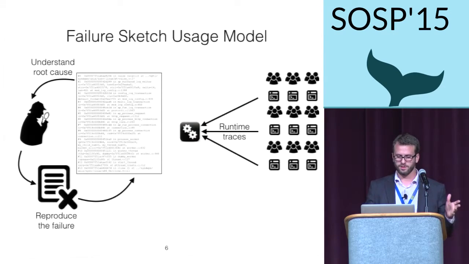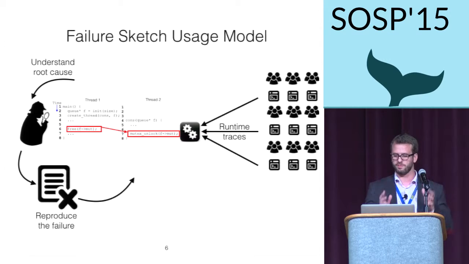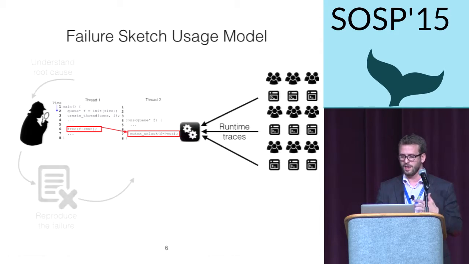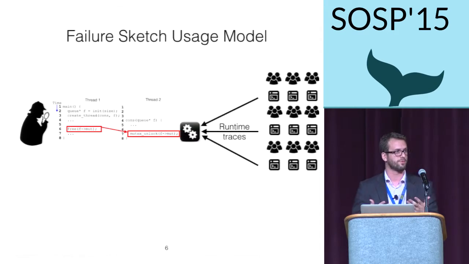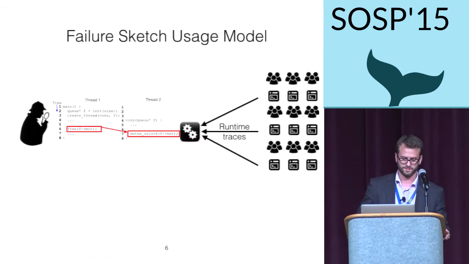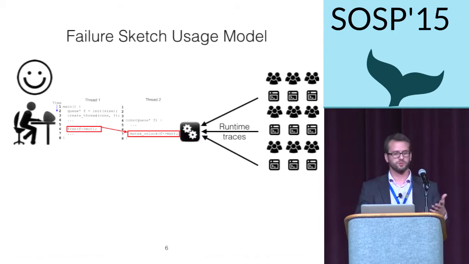We can then provide developers with the failure sketch, which has an obvious explanation of the root cause of a failure, and such an explanation obviates the need to reproduce the problem, and understanding the root cause becomes straightforward with no additional effort required other than reading the failure sketch. Since we automate detective work, developers do not need to act like detectives and can go back to building cool systems and applications.